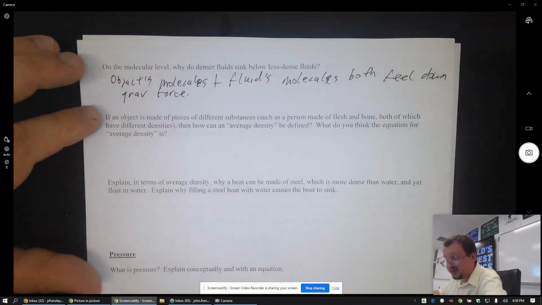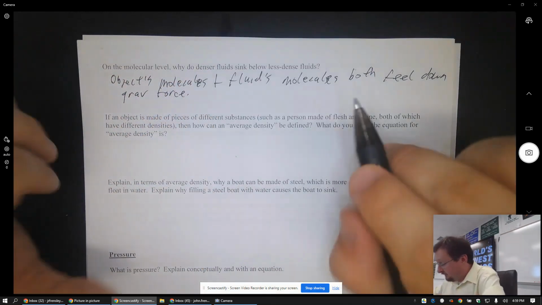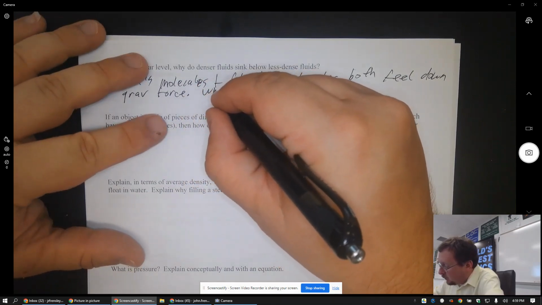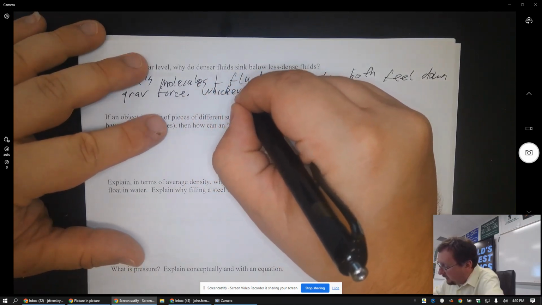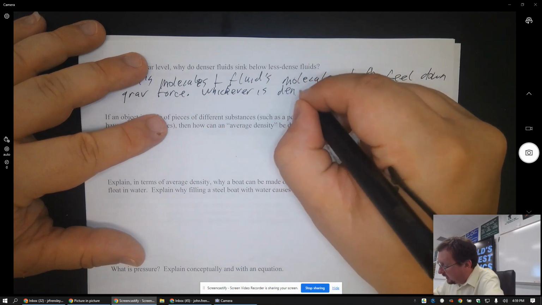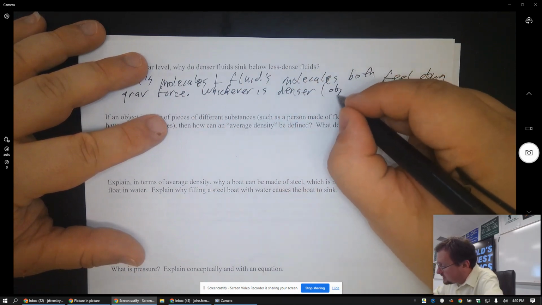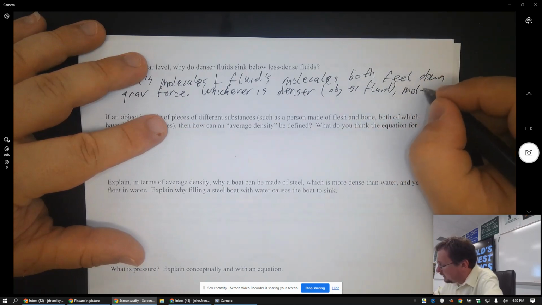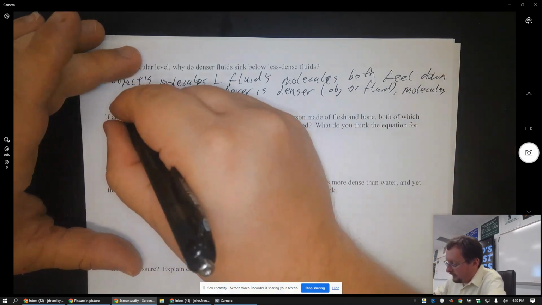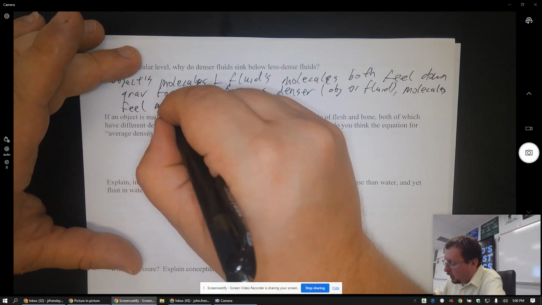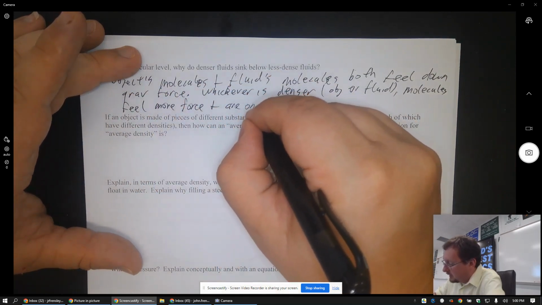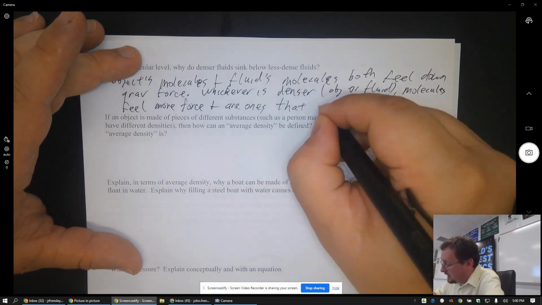So the molecules of the object and the molecules of the fluid feel a downward gravitational force. Whichever is denser, the object or the fluid, the molecules feel more force and are the ones that go down.